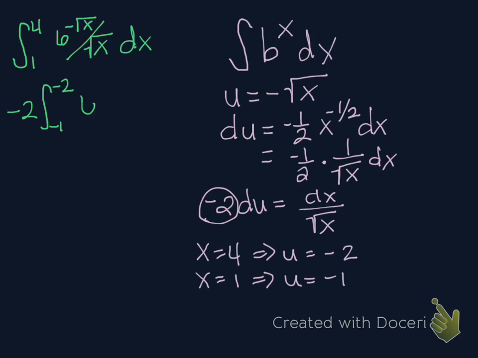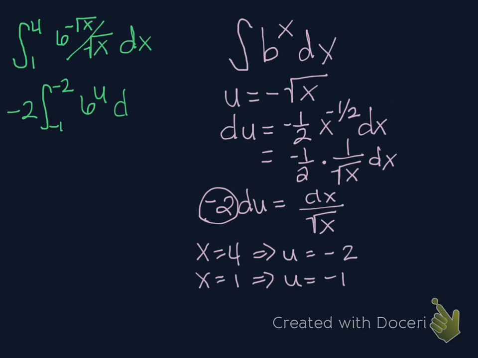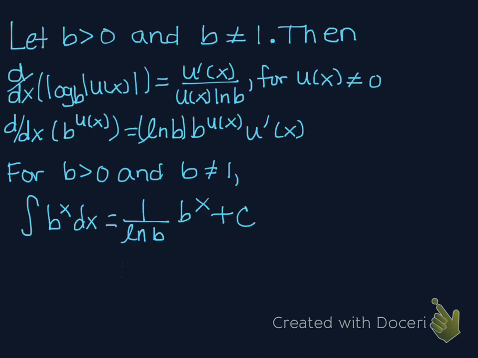Okay, so now I just replace my u's. So this is 6 to the u du. Remember, this dx over root x got replaced when I did this u substitution. Okay, so now just following the plug and chug formula on the very first slide.